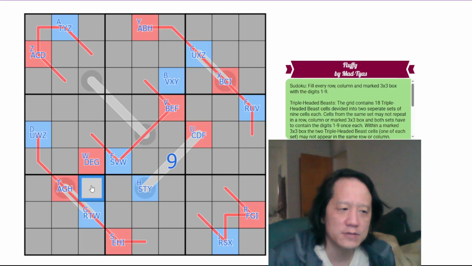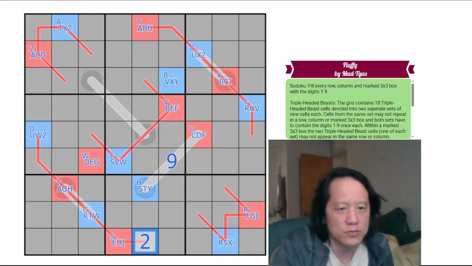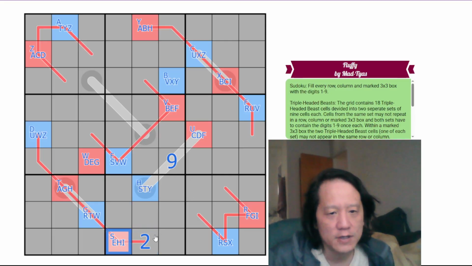I think the problem was we tried to make this 1, 3, and 4 in T, S, and Y. So this can't be 1, 3, 4. That means this could be 2. And this could be 9 away from 2. That would be 11. This is at maximum 22, because this is at most 5.